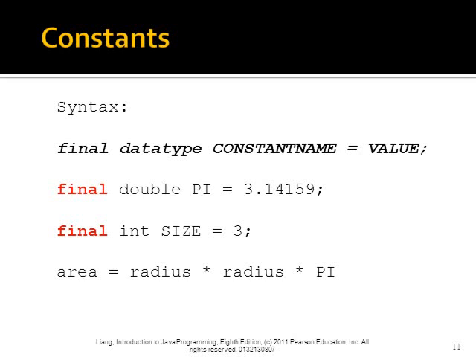If we had used a constant named pi, then the only place I have to change is in the declaration of pi and the value that I set for it. So I have to change it in one place. Final double pi equals 3.14.